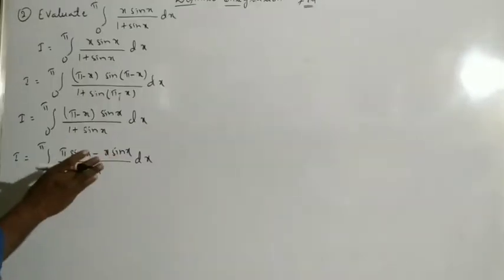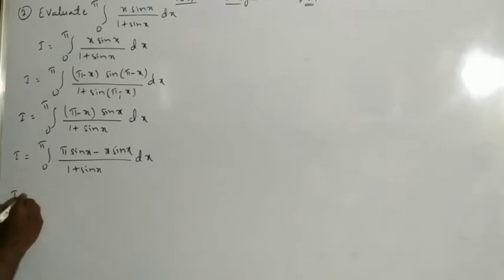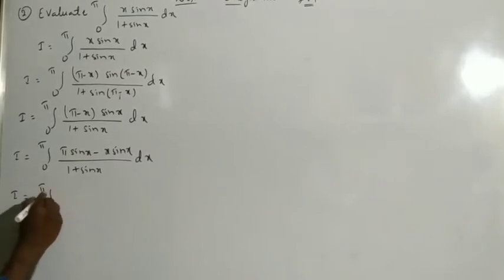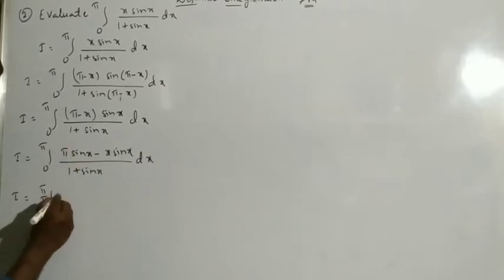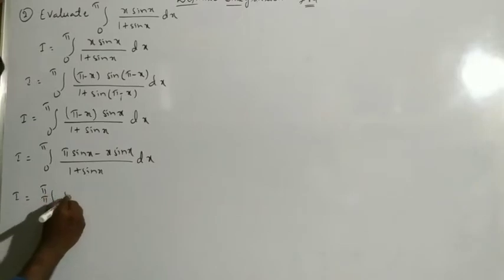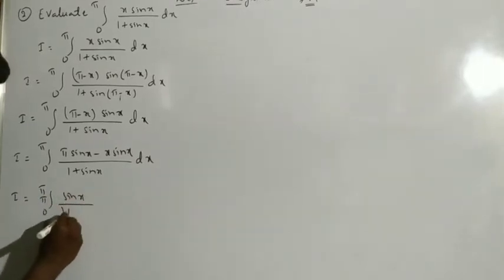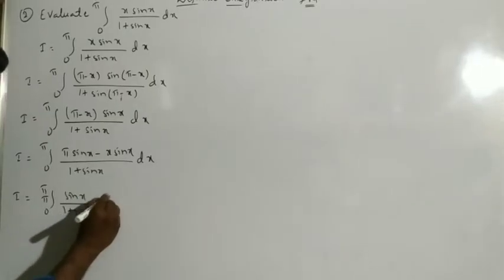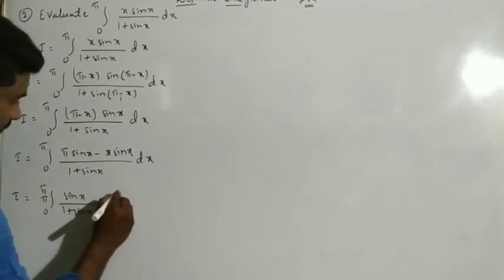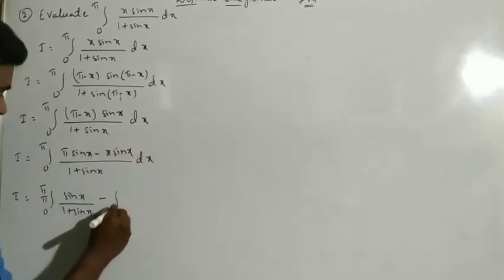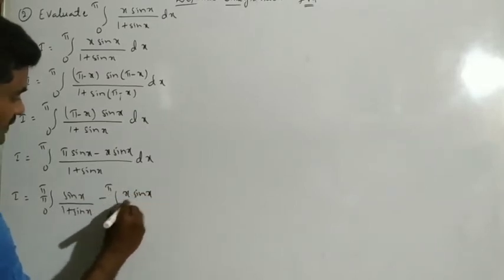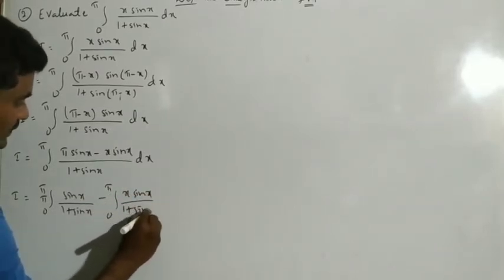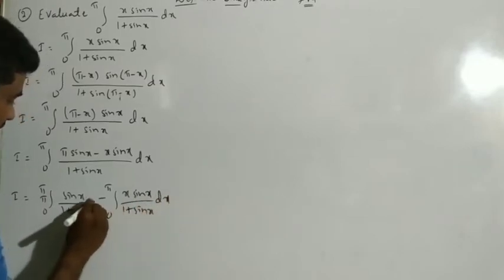And next when I take separate here again, I equals integral from 0 to pi, pi is a constant, so we can take it out here, sin x by 1 plus sin x minus integral from 0 to pi of x sin x by 1 plus sin x dx.